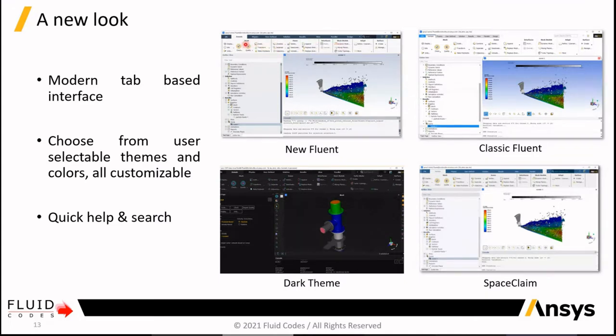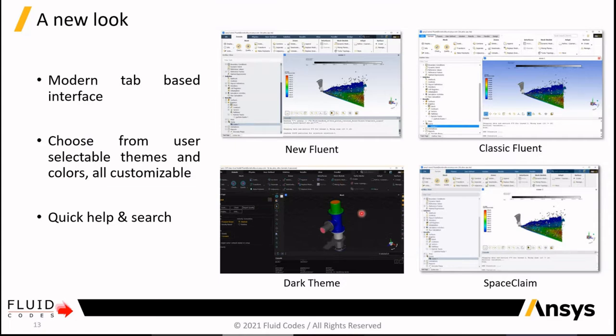So we have a set of tabs and sub-tabs that we can navigate and we can see all the commands available. But this is just one thing. Another thing is themes. So we can change the theme. This is, let's say, the new standard for Fluent. And this is one of the most recent updates.